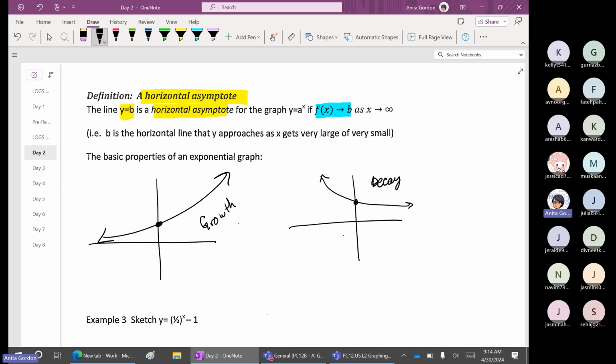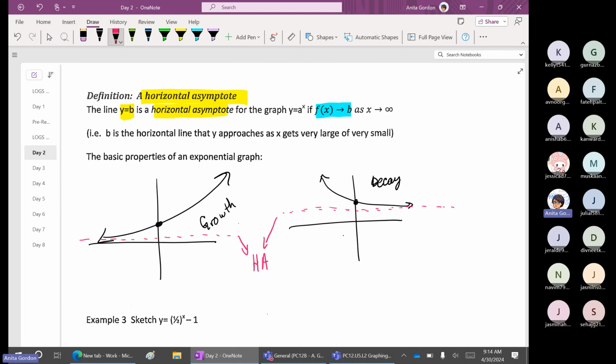So we're going to be able to shift it up, down, left, right. Your asymptote will be the number it approaches but never crosses. Okay, so these two things are your horizontal asymptote. Approaches it but does not touch it.